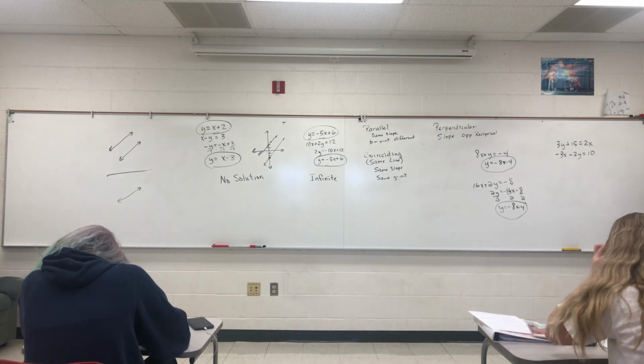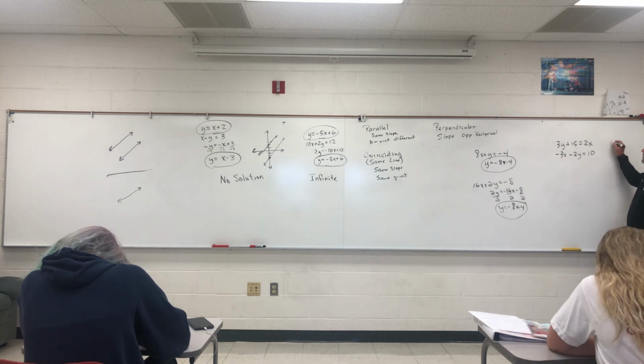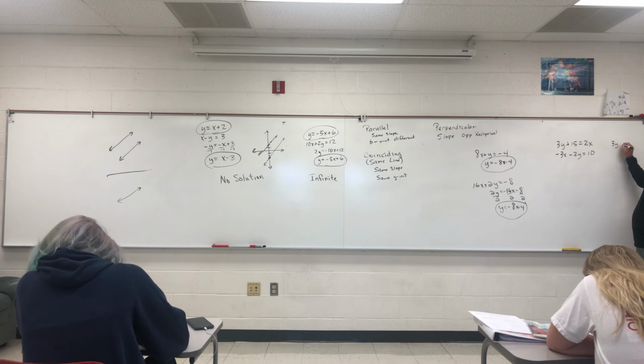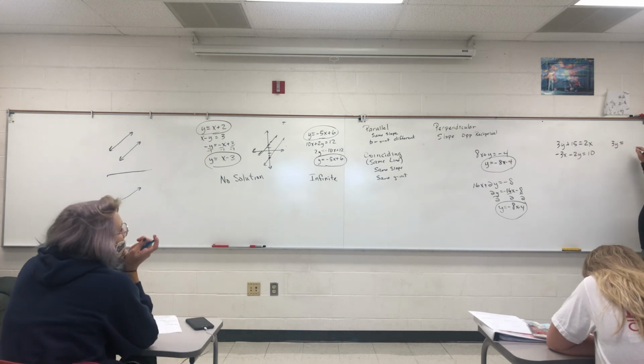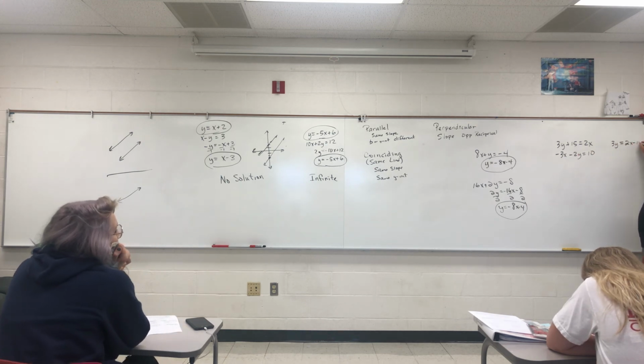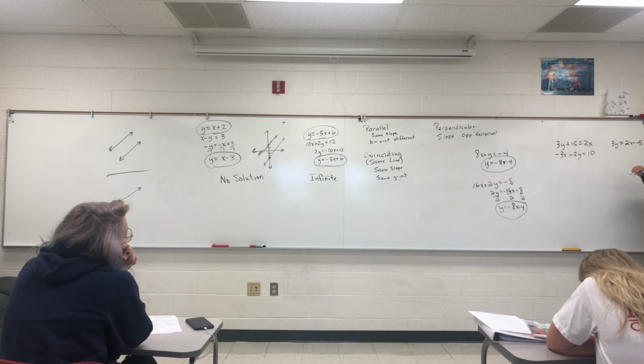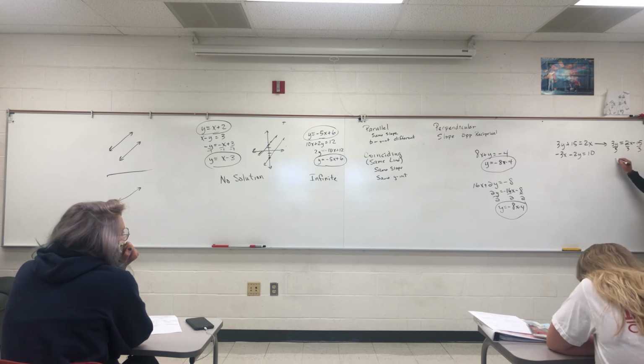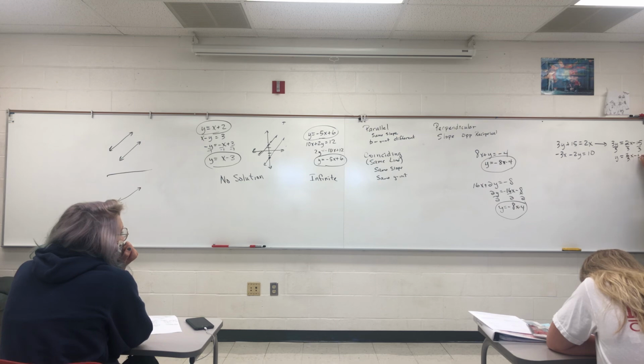On the top one, I'm going to take 3y, move the 15 over, and then I'm going to divide by 3. So I get this. Then I'm going to work with this one.